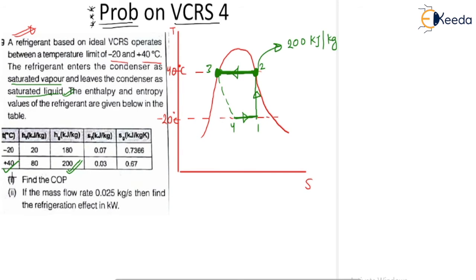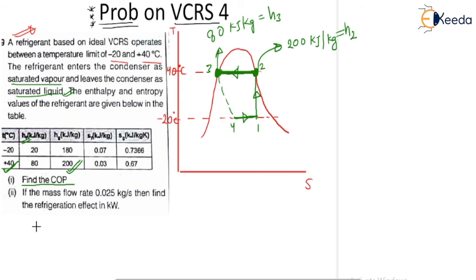So at 40 degrees, the saturated liquid enthalpy, that means hf, is nothing but 80 kilojoule per kg. That means this is the value of h3, and here this is the value of h2. Now, as per the question, find the COP value. So what is the value of COP?